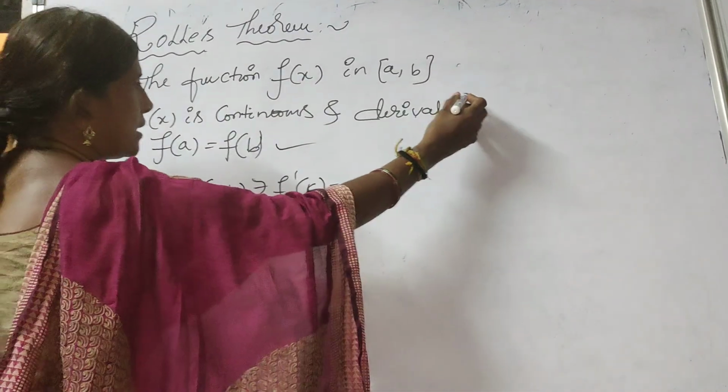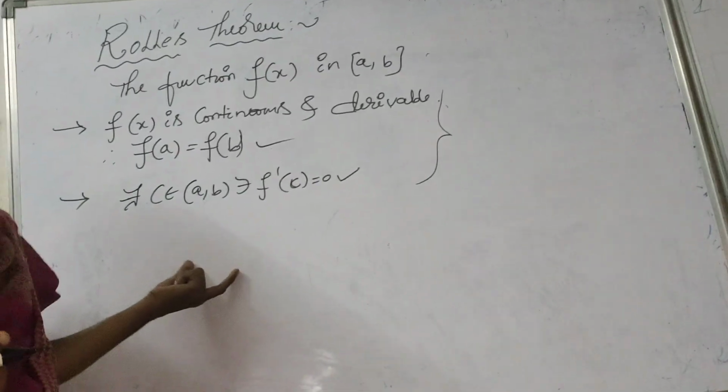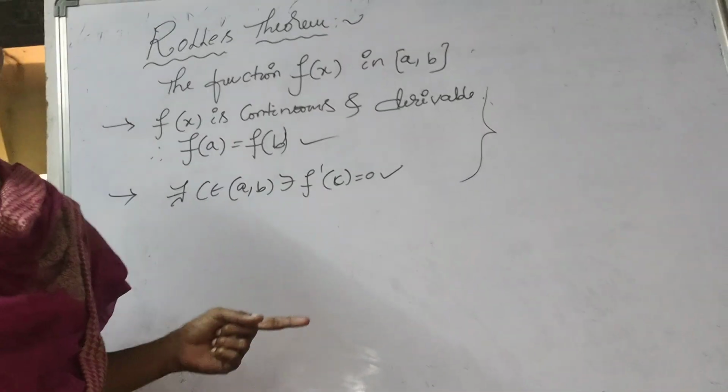When these three conditions are satisfied, the theorem is known as Rolle's theorem.